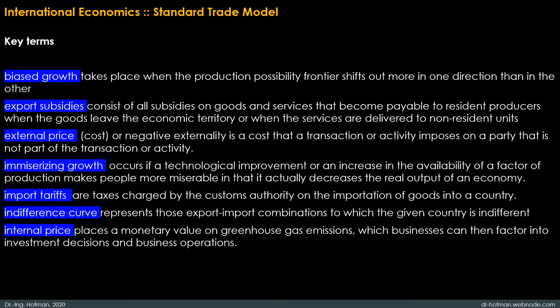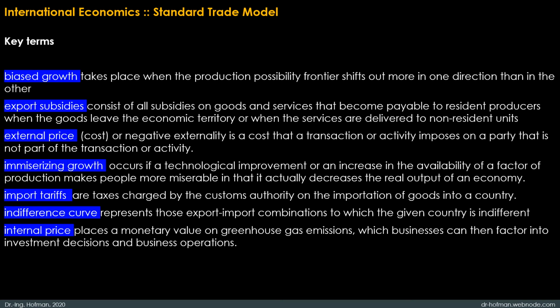The trade indifference curve is the locus of trade positions which are equally preferred by a country, and therefore it is indifferent about them. In other words, a trade indifference curve represents those export-import combinations to which the given country is indifferent. There are different types of indifference curves for normal goods, substitutes, and perfect complements.